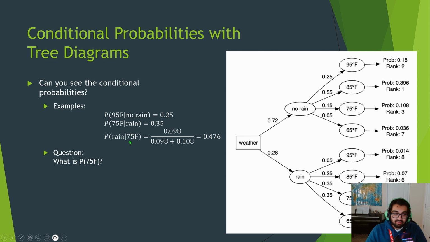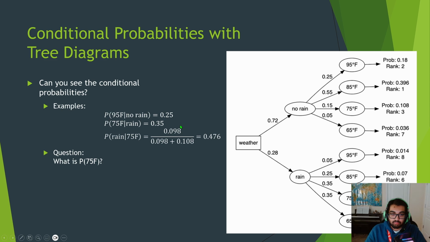Now let's do a little bit of a harder one. What's the probability that it's raining, given that it's 75 degrees Fahrenheit outside? So look at the probability that it's 75 degrees Fahrenheit outside and raining, and compare that to the probability of 75 degrees outside regardless of what weather it is.